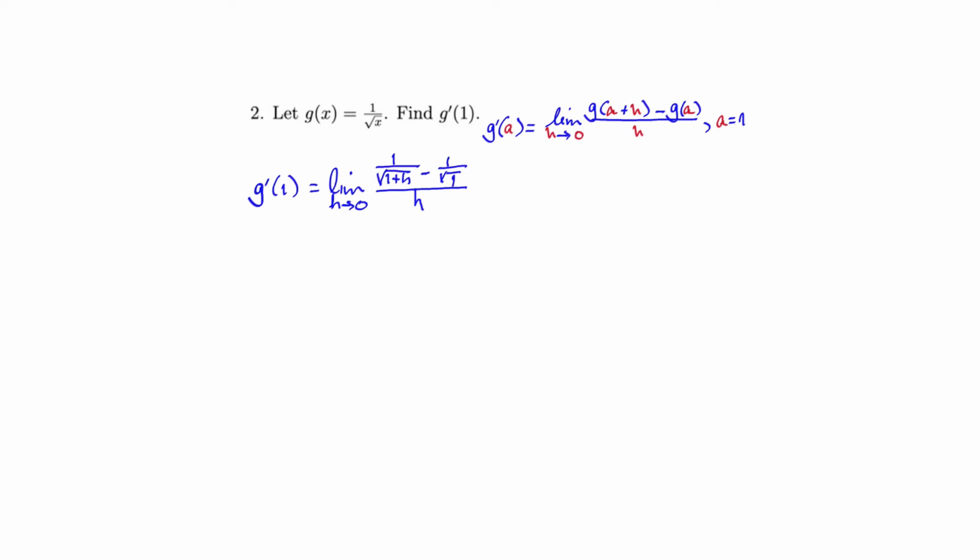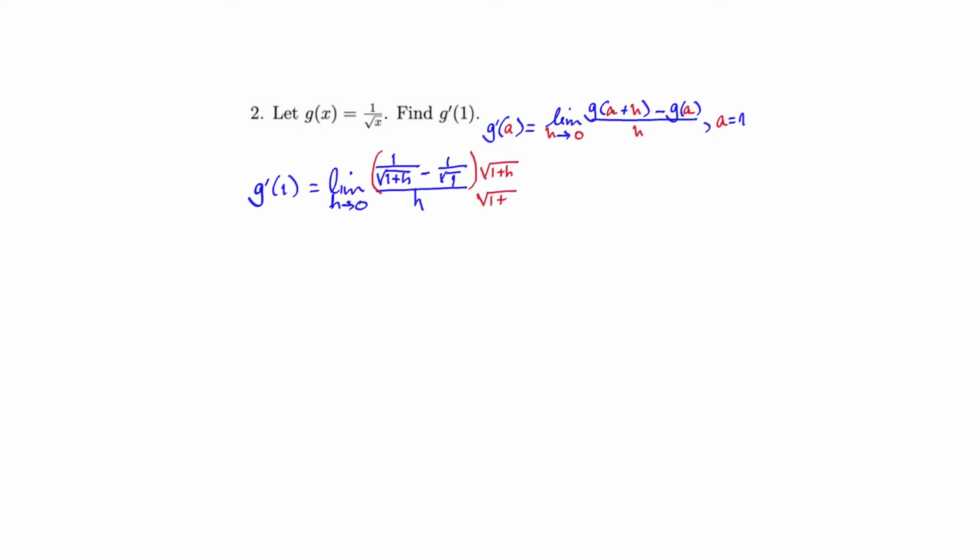The first thing I want to do is simplify the complex fraction. Looking at the complex fraction, I look at all the fractions within the fraction, and I want to find the least common denominator of all those fractions. Well, really the only fraction I have is 1 over square root of 1 plus h, because the other fraction is just 1. So I'm going to multiply and divide by that denominator, square root of 1 plus h.